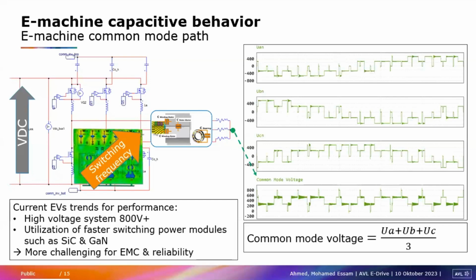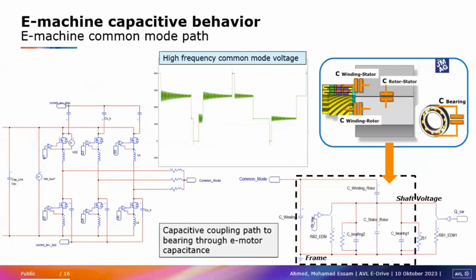And this voltage depends, of course, on the switching pattern of the power modules and the modulation index and so on. But you can see it can go up to the DC link, if you have 800 volt, for example. And this common mode voltage then interacts through the capacitive coupling of the motor.